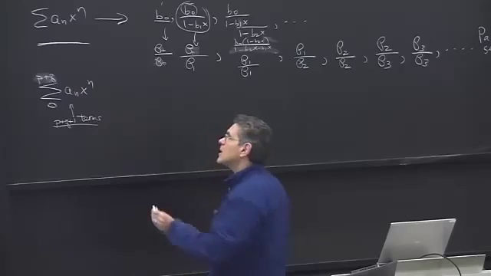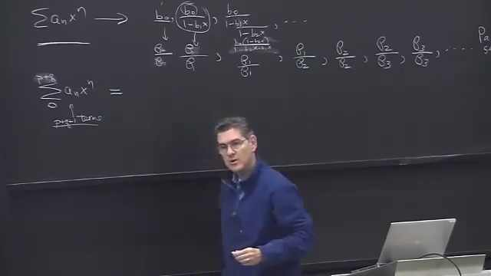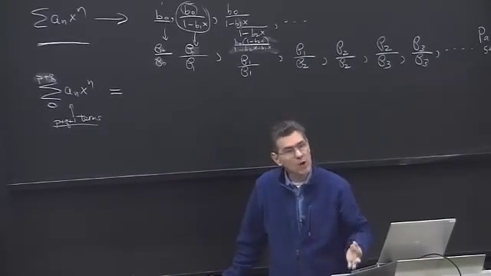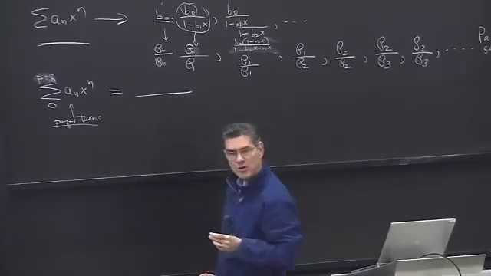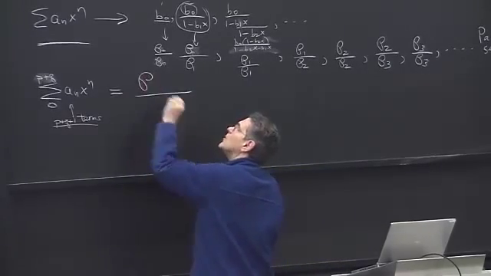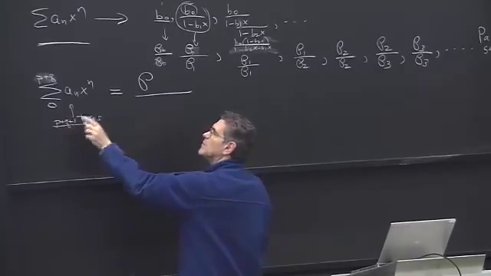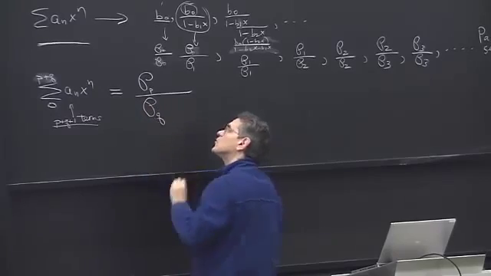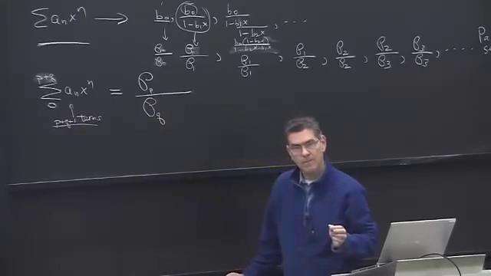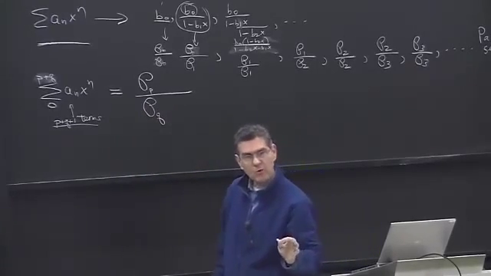And if I wanted, I could convert this to a fraction where I have a polynomial of degree p and another polynomial of degree q. Now let's make sure that we understand what we're saying here.